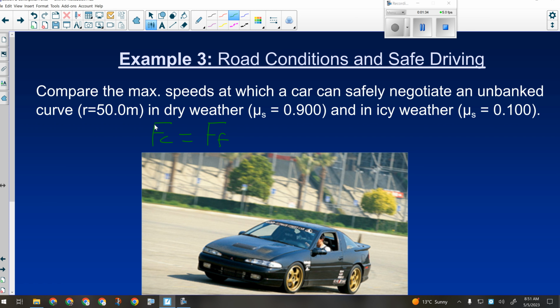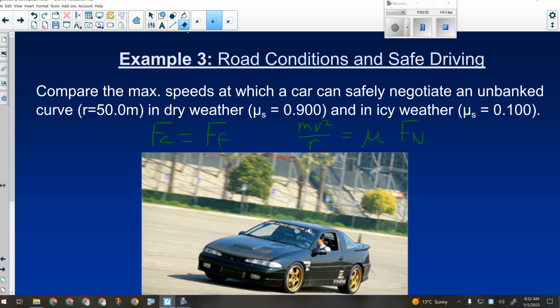Right, which I'm going to show you another one, which was crazy that this guy thought of this, and it was amazing. Okay, so we've got Fc equals Ff. Now our formulas there are mv squared over r, that's Fc, equals mu times the normal force. Now, because the corner is flat, the normal force is equal to what force?